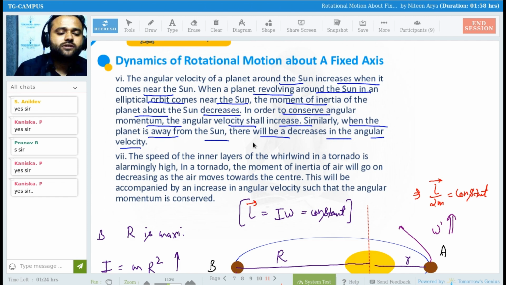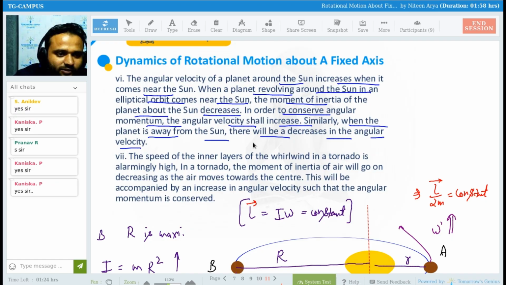So in a V or cone shape, if I go inside, at the center, or near the axis of rotation, R is less, I is going to be less, and then omega is going to be high. In a similar way, at the farthest point, at the circumference of this tornado, R is high, moment of inertia is high, omega is less. Clear?